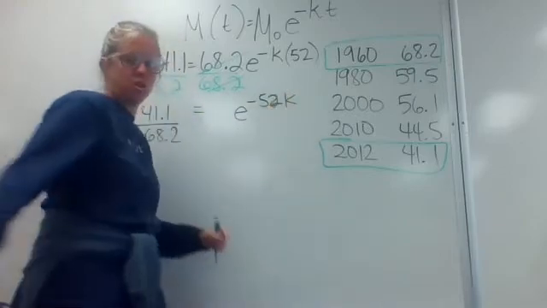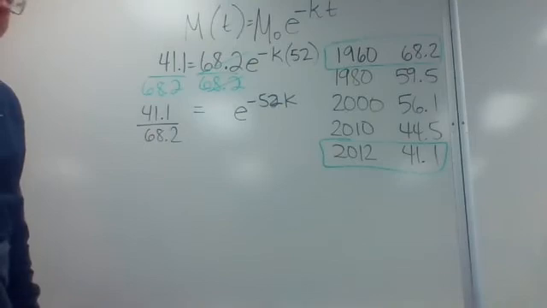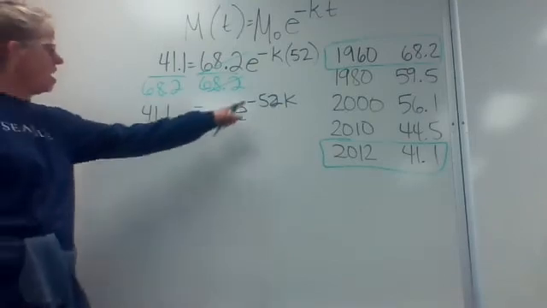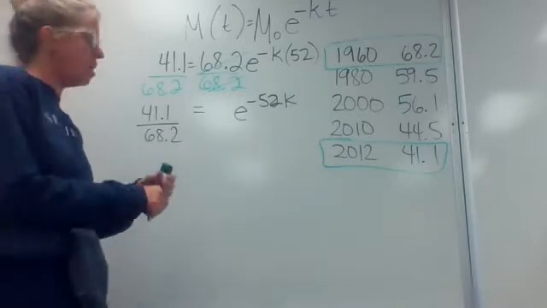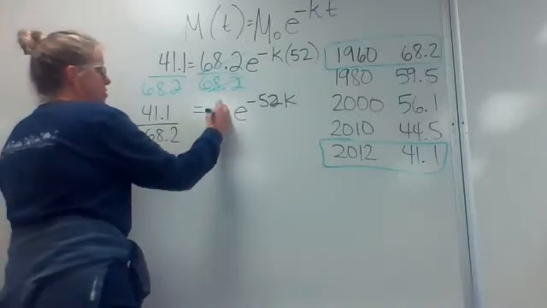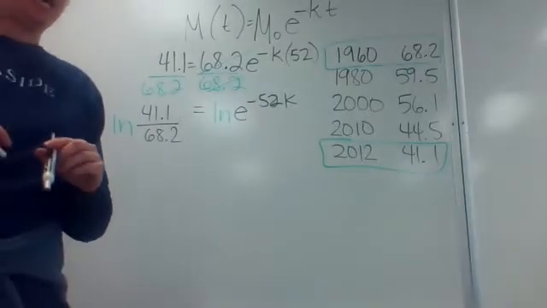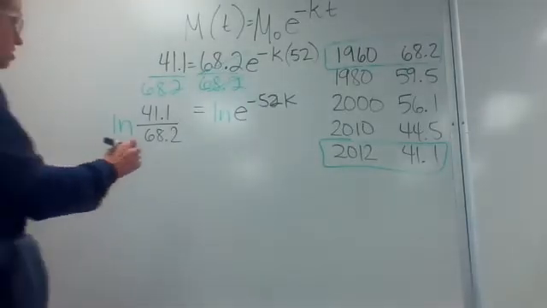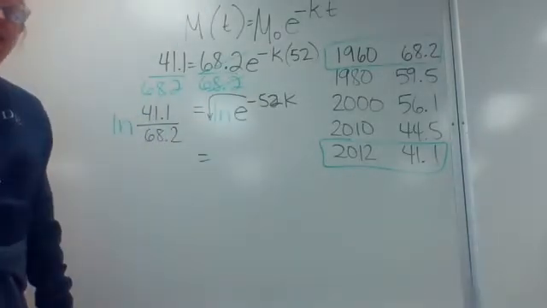So I just went ahead and multiplied that. Now I want to bring the exponent down so I can solve for k. To bring it down, I'm going to use the log function. So I'm going to ln both sides.